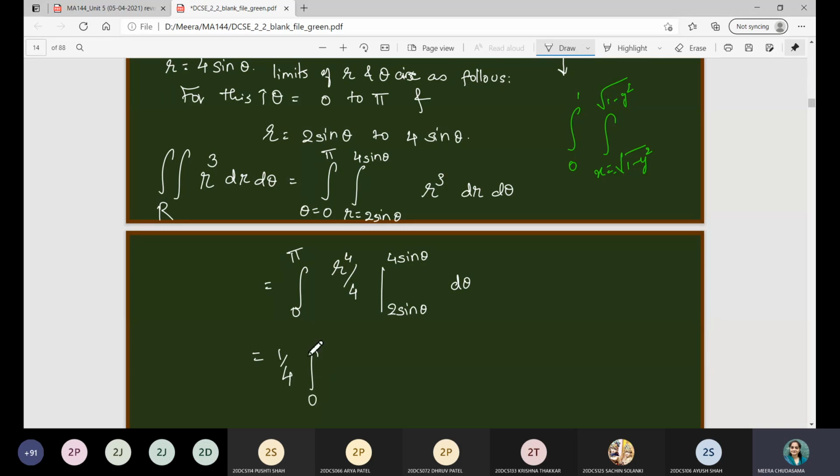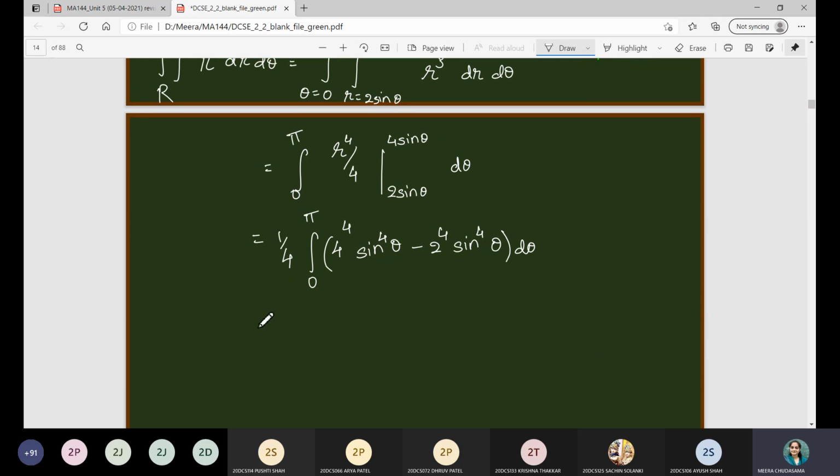1 upon 4 I will take outside of the integration. Then it will be 4 raised to 4 sine raised to 4 theta minus 2 raised to 4 sine raised to 4 theta, and the entire integrand will be integrated with respect to theta. So now you can see that 4 raised to 4 is 256, and 2 raised to 4 is 16.